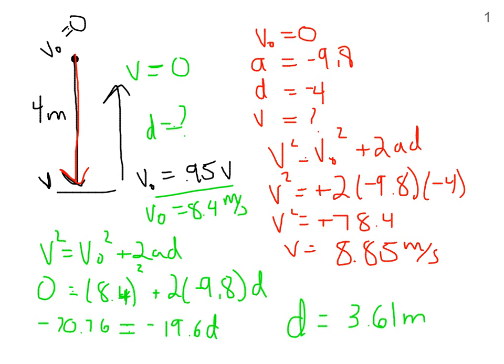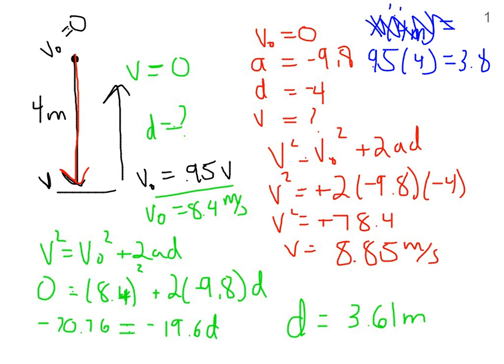Now the question is, that height, what percentage of the original height is that? I should say, 95% of 4 meters is what? So 4 times 0.95 gives me 3.8 meters.